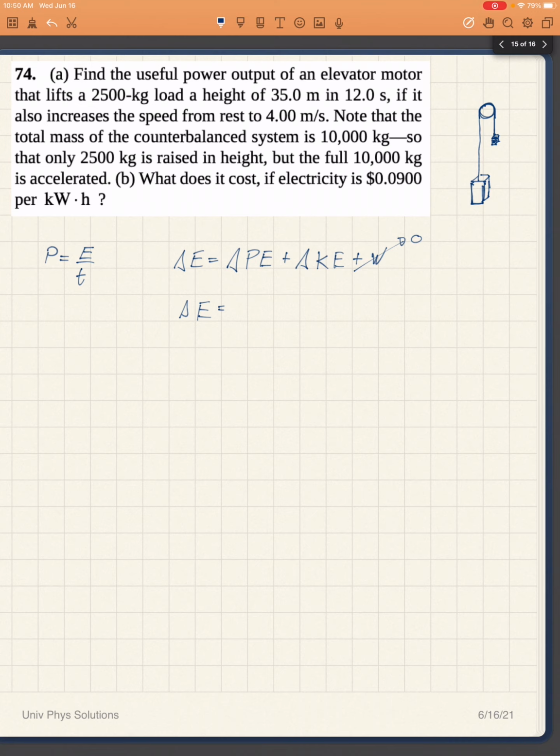That means it would be mgh, the mass times the gravitational constant times the height, plus the change in kinetic energy. Now the entire system is accelerated. So that's going to be 1/2 the mass of the system times the change in speed squared.